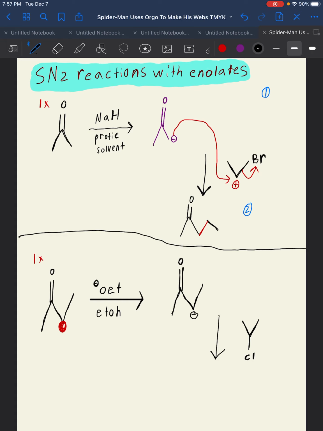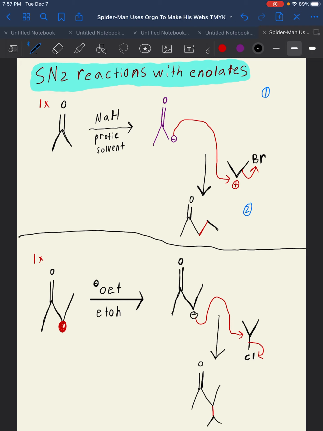And then when we react this with Cl attached to an isopropyl, this would leave. This would come in, form a new bond with that, giving you a new bond like that to the isopropyl group, your overall product.